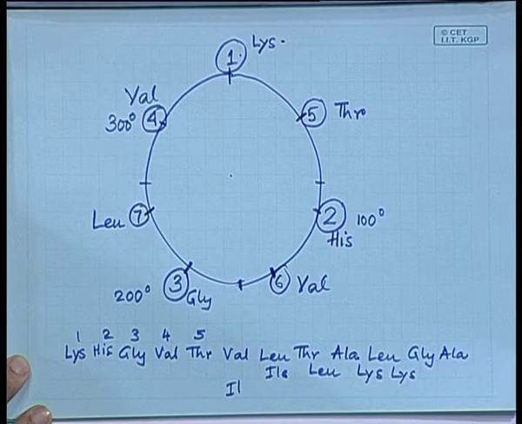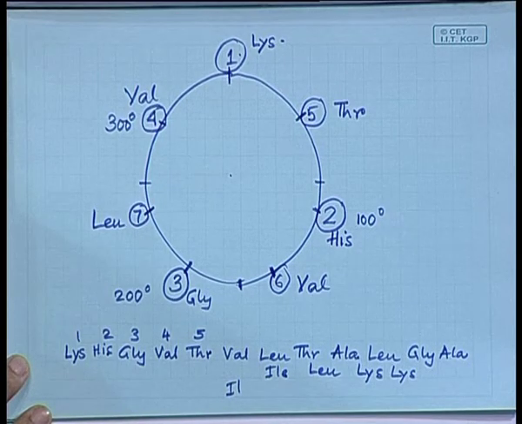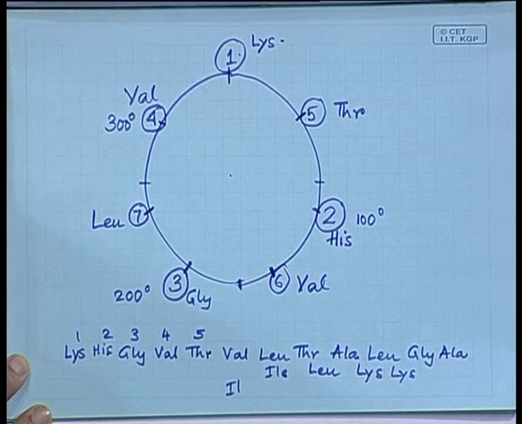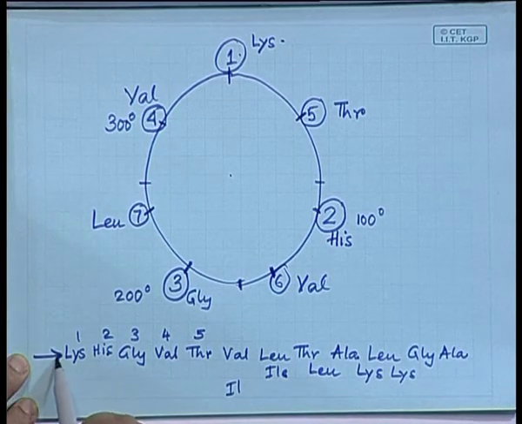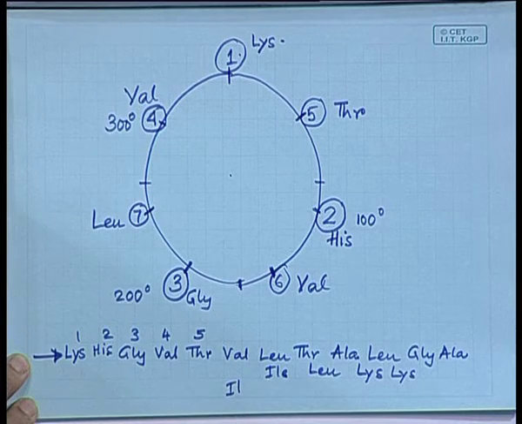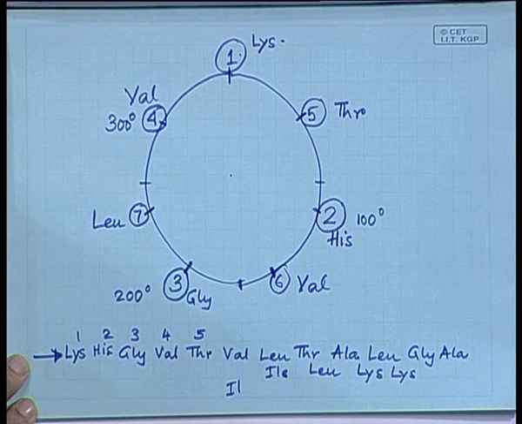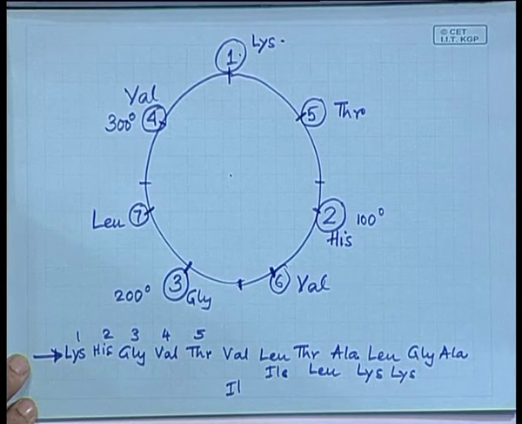So, what can you do? You can construct the whole helical wheel. What do you need to know? All you need to know is this sequence, and you need to know that for every residue the rotation is 100 degrees. That is sufficient information for you to construct your helical wheel.